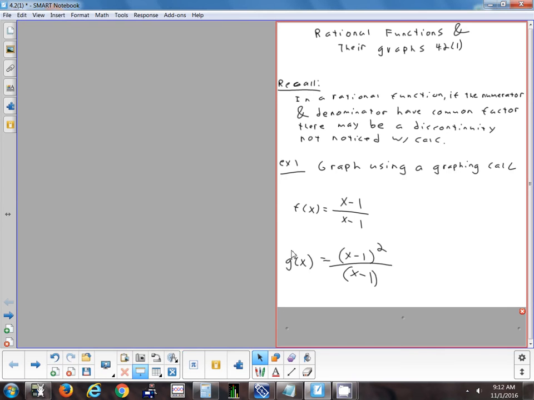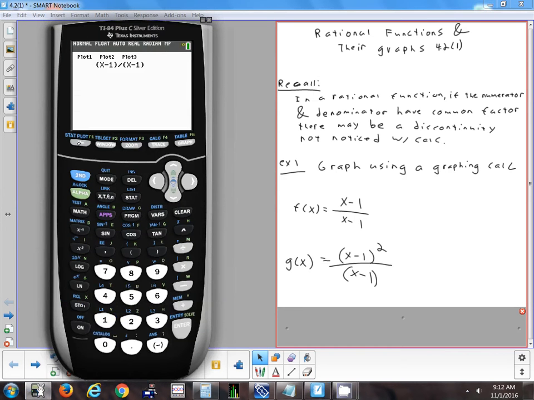Okay, how about a graph like that? Would that graph have a hole in it? What do you think? How about Nick? Is that graph going to have a hole in it? Yes. All right.